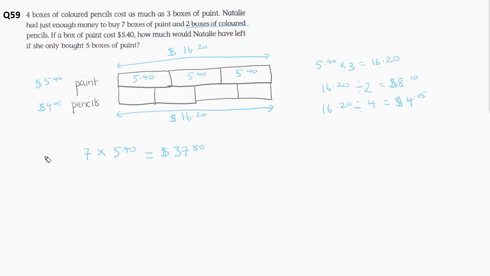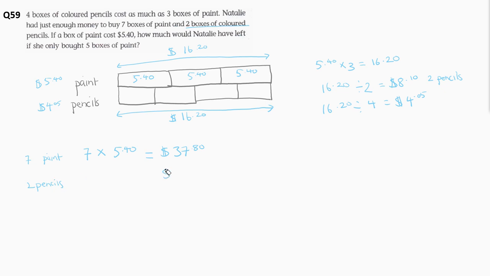Okay, so that's for the paint that she could buy. And it says 2 boxes of pencils. I should have, now this shows you how you should label things. This is 2 pencils, okay? And I have the pencils already. So this is 7 paint, 2 pencils.